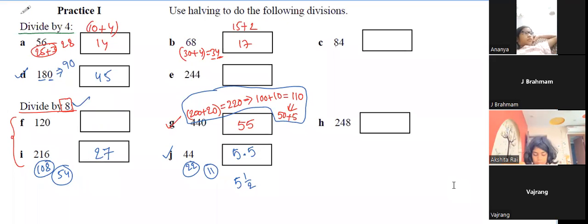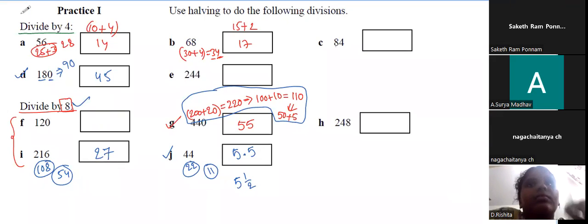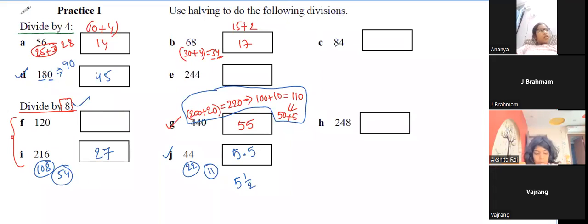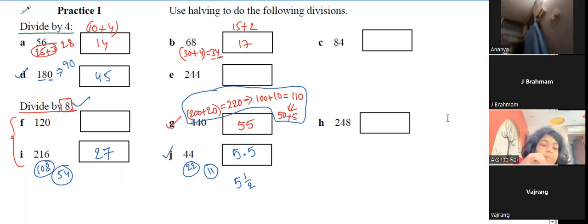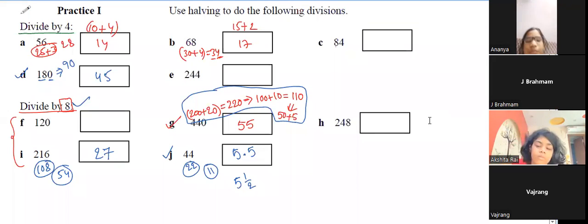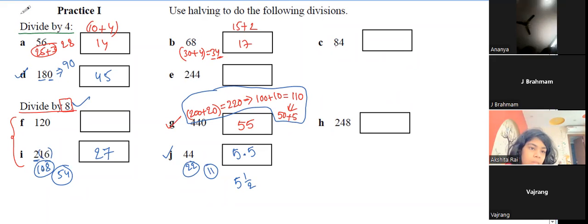How did you respond to this? Sir, I didn't understand this I. See here, 216. Half of 200 is 100. Half of 16 is 8. 108. That is one time half.